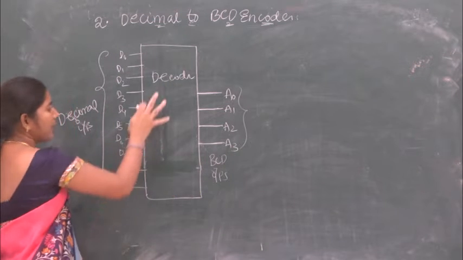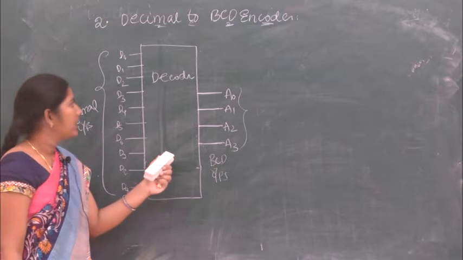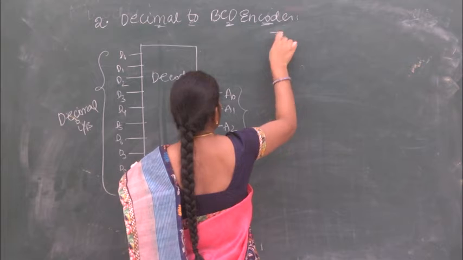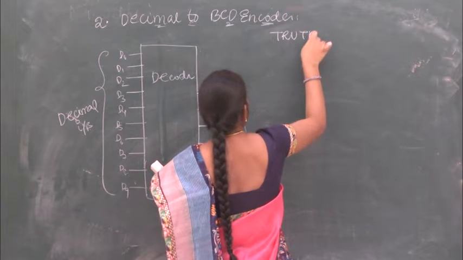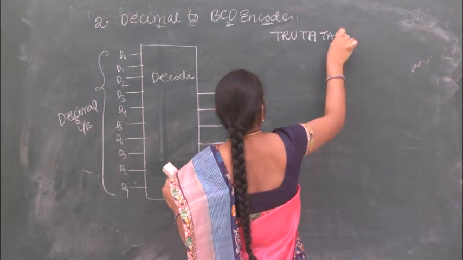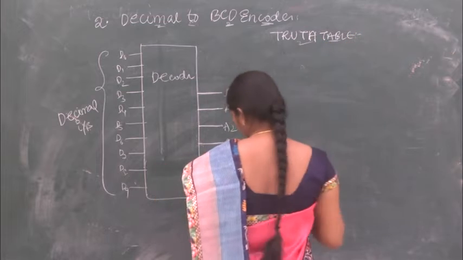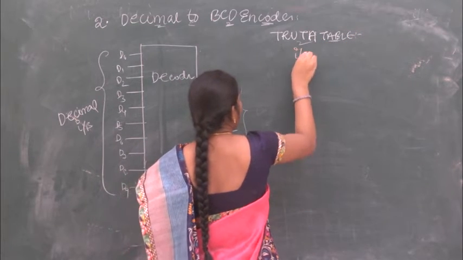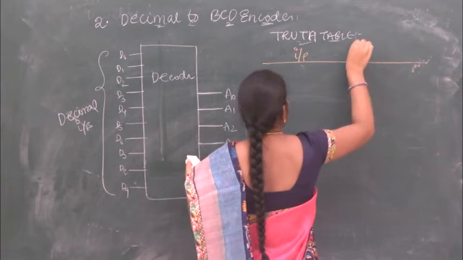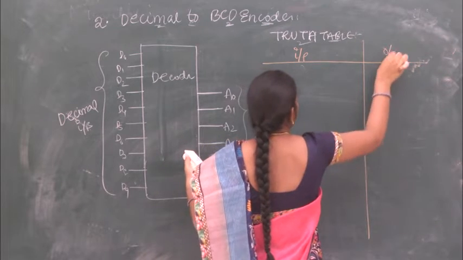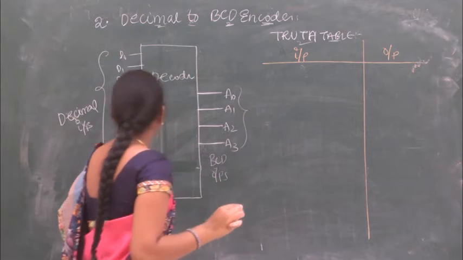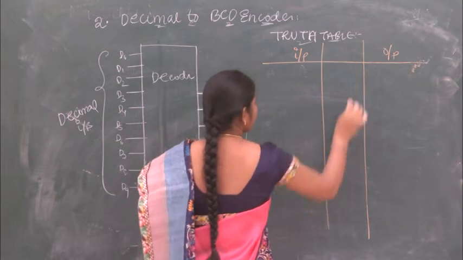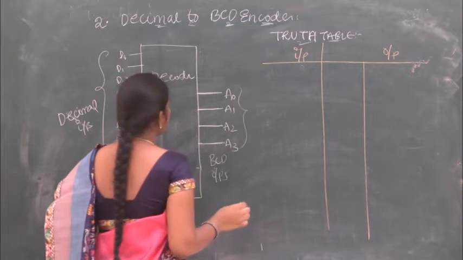Now the thing is, we need to find the logic diagram which exists in this encoder, right? So for this, first we need to develop the truth table. Truth table always gives the relation between inputs and outputs, right? Here the inputs are decimal numbers.